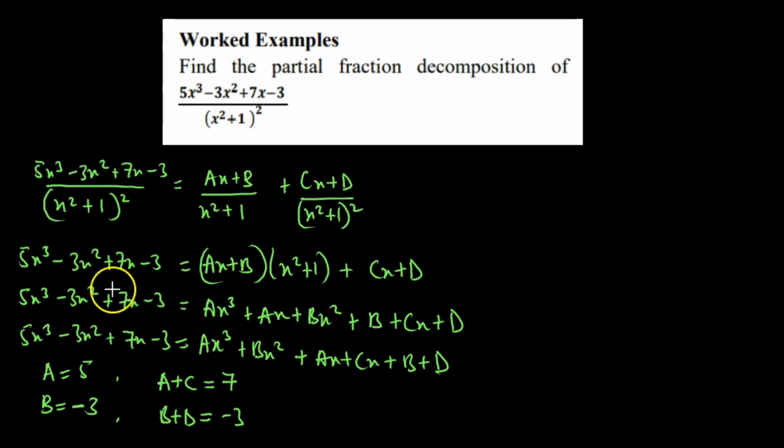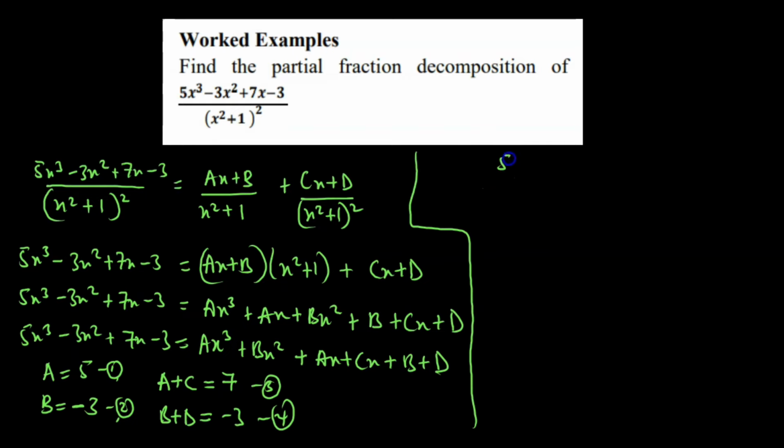So that is equation 1 here, equation 2 there, equation 3 there, equation 4 there. So it's all about substituting a into equation 3 to get c, and substituting b into equation 4 to get d.